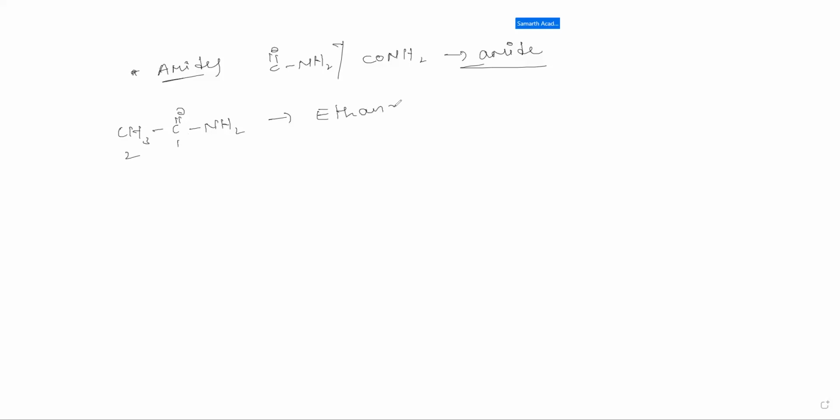Come to the next functional group, that is amides. C double bond O, NH2. We write it in the form of CO NH2, and the suffix is amide only. CH3 C double bond O NH2, 1, 2, 2 carbon atoms. So this is ethanamide.